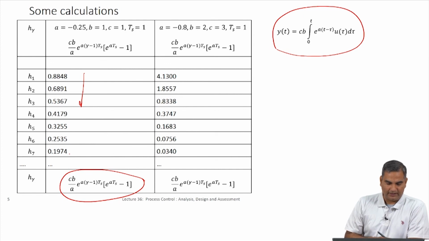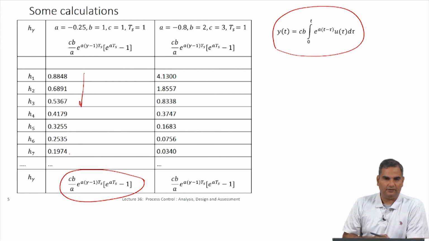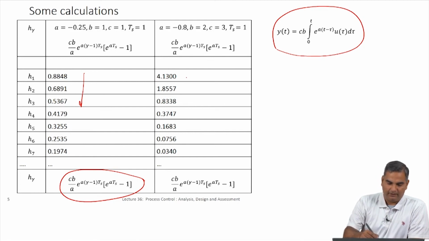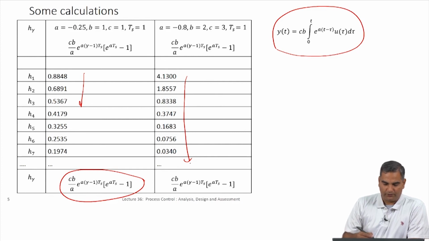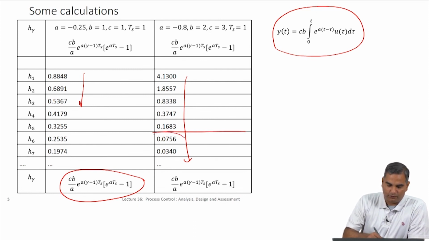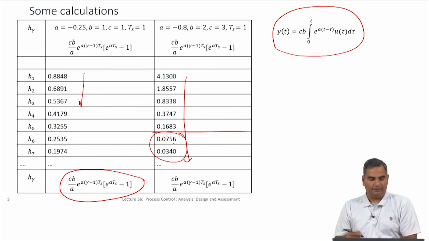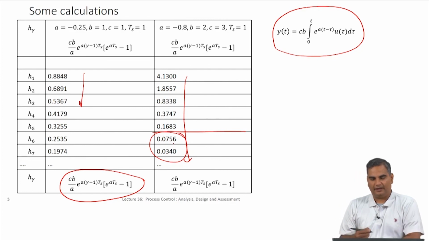At some point you can say that beyond this number is very small, I am not going to take the impact of this. So, for example, here the first number is 4.13, and if we keep going down I come to 0.03 and so on. So, you might say, okay, for my model predictive control implementation, I am going to stop here because I am going to assume these are very small numbers and these are things that I can ignore.